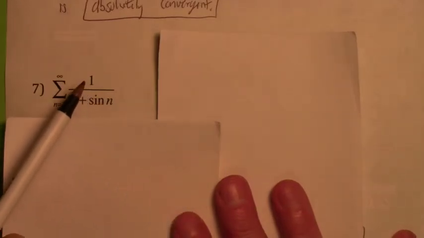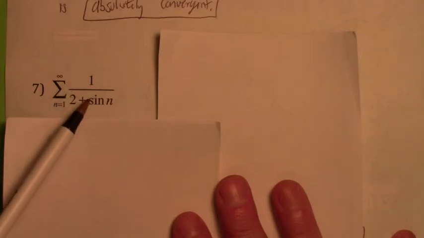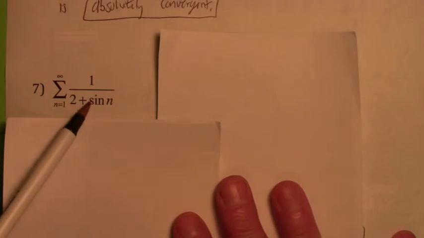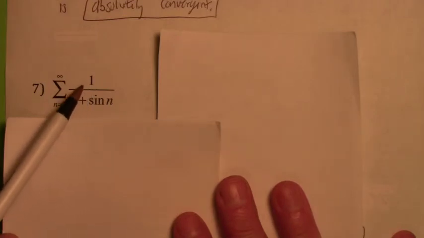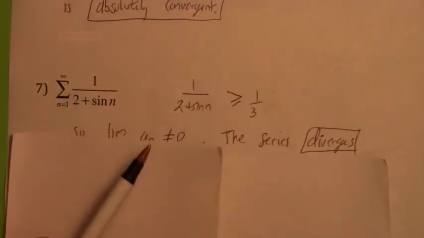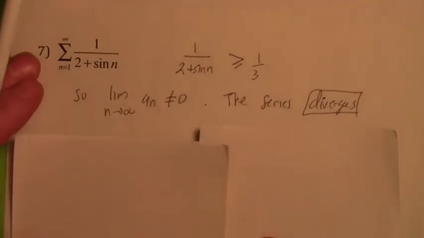Okay, how about this one? Something about this seems strange. Look at the denominator. Isn't the denominator always between 1 and 3? Right? Yeah, so if the denominator is always between 1 and 3, the whole thing is always between 1/3 and 1. I'm sorry, the nth term is not going to 0.